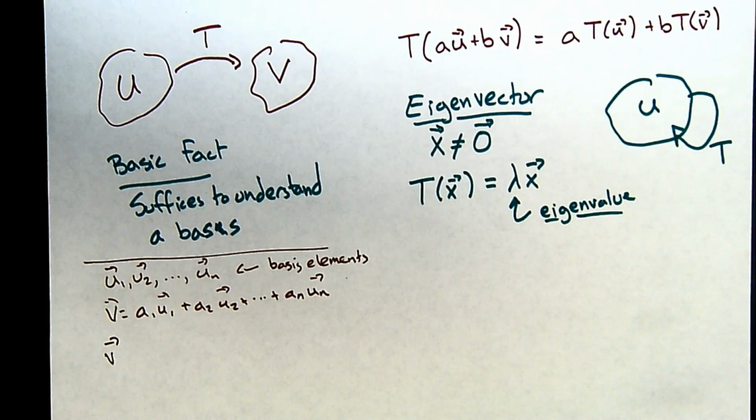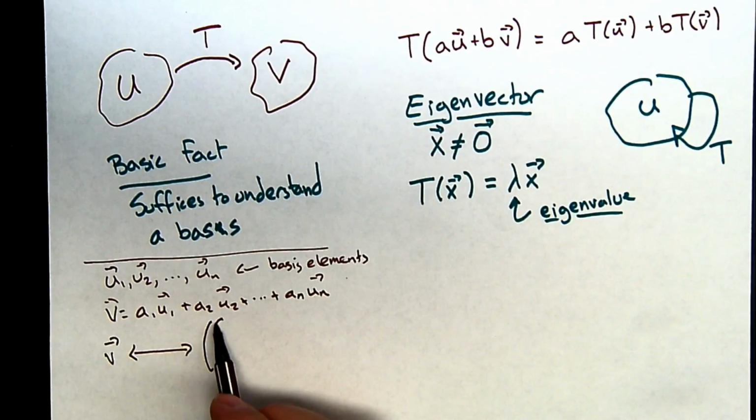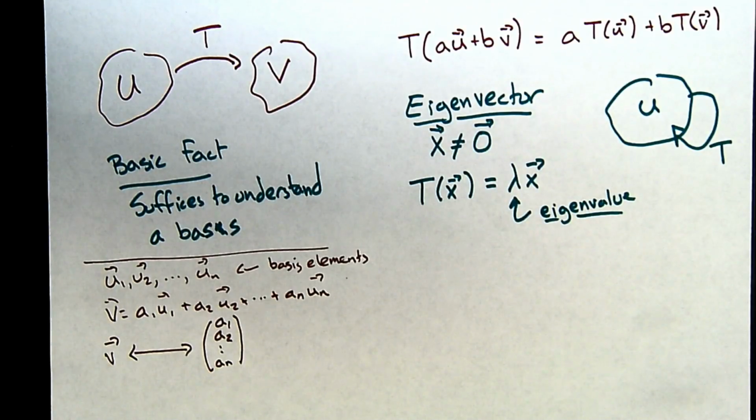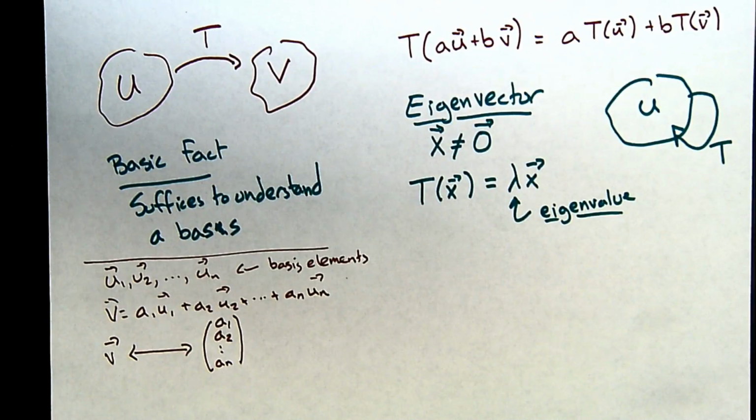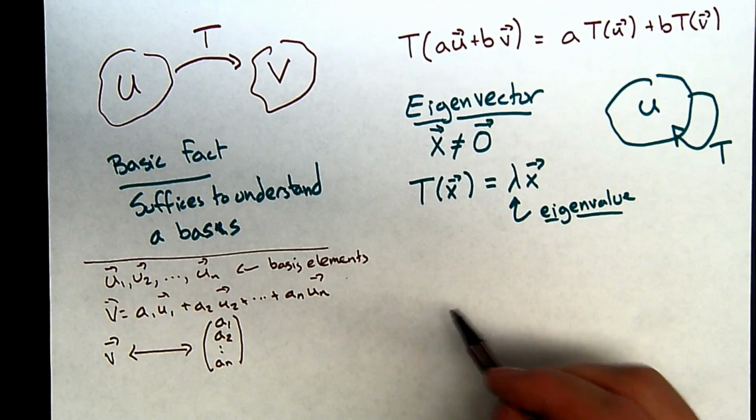It's up to you. So in particular, what that tells me is that if I want to understand a vector, I really just have to understand the coefficients. And I can represent the coefficients by a column of numbers. That's why when we think about vectors, we often think about them as a list of numbers, and what that list of numbers represents is the coefficients. So a vector v is a list of numbers.